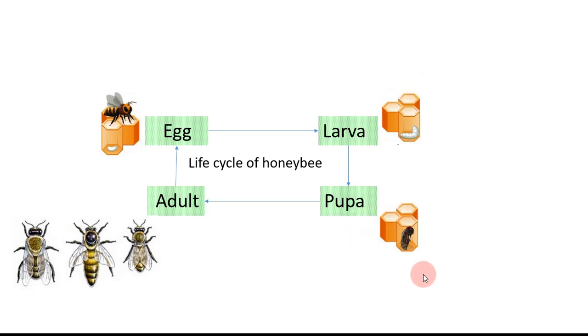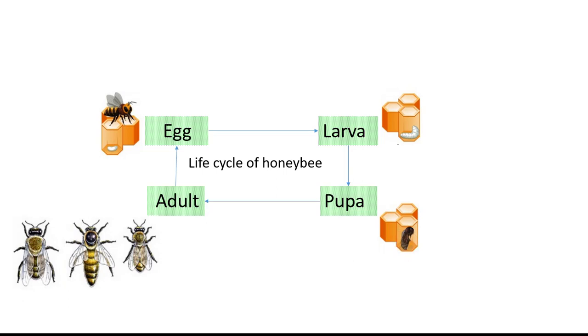The pupa stage is a very inactive stage. It does not eat at this stage. At this stage, the comb is closed by a wax cap, and there is a formation of nutrition.